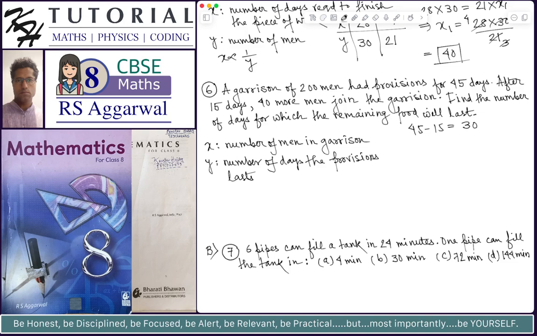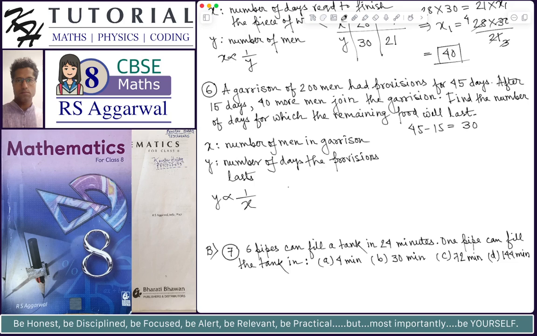So whatever the provision is, if x is the number of men in the garrison, and y is the number of days that the men in the garrison will survive based on the provision, then we can say that quantities x and y are inversely proportional to each other. So y will vary inversely with x. That is, if there are more men, then the number of days the food will last will be less.